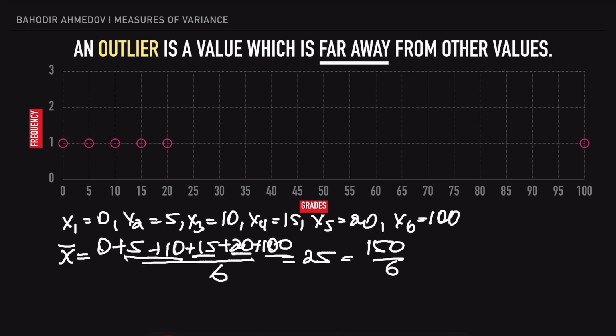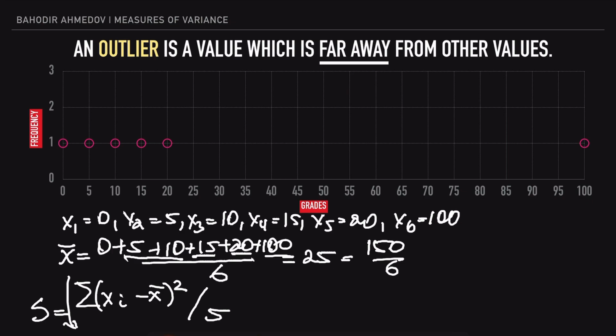And at the same time, the standard deviation is going to be calculated by just subtracting every point from the mean and squaring them and summing them and dividing this by 5, because we are going to calculate the standard deviation of a sample most of the time.